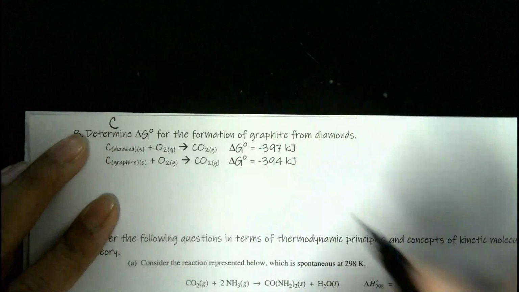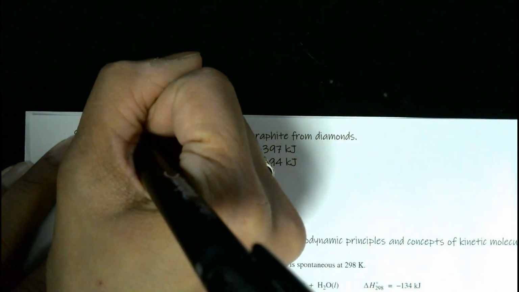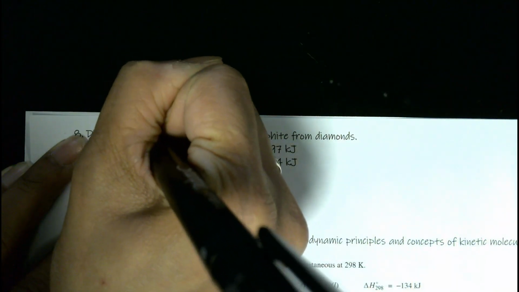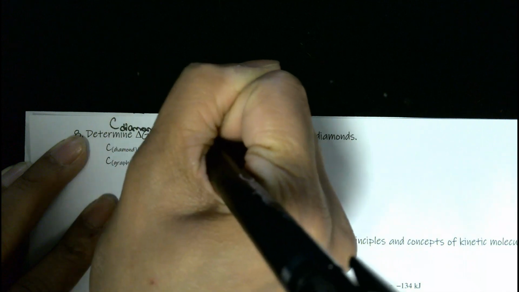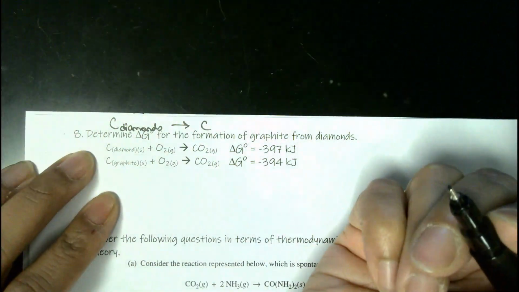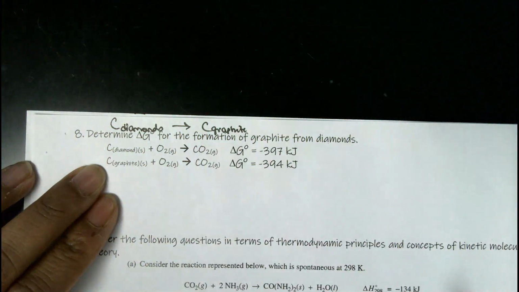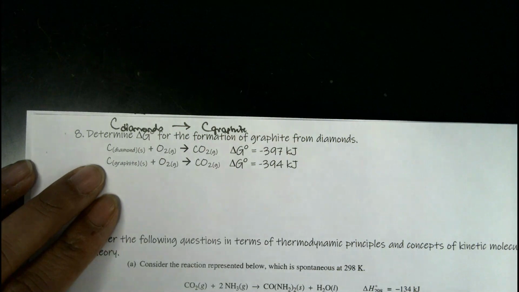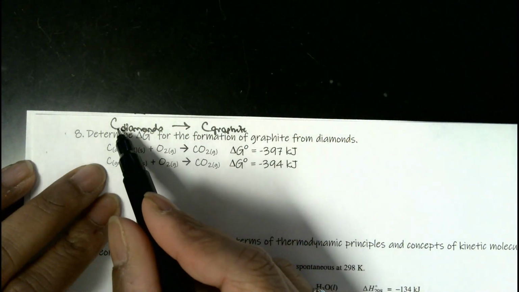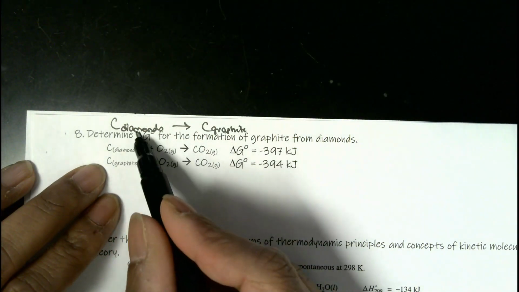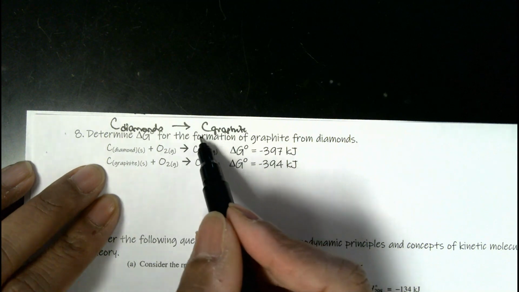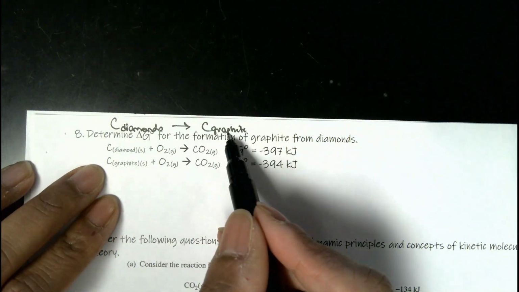So diamonds should be in your reactant. Both of which are carbon. It's just depending on how much pressure and stuff like that there is. So the carbon in the form of diamonds produces the carbon in form of graphite.